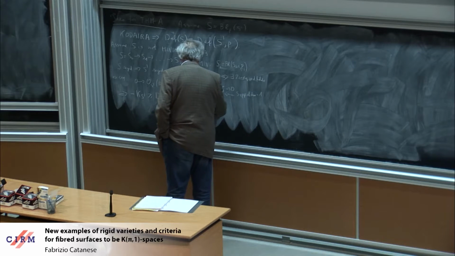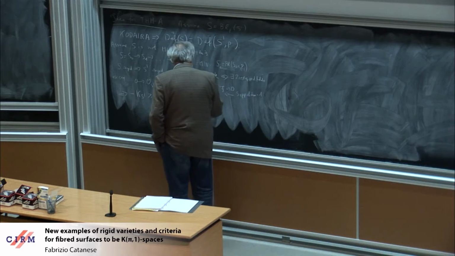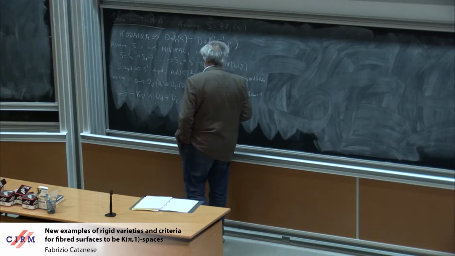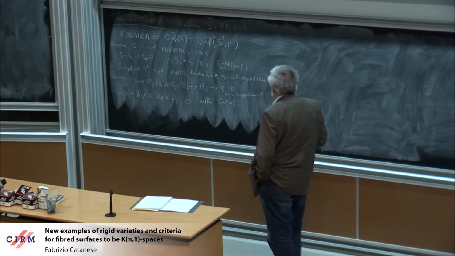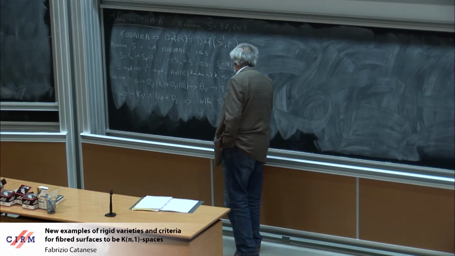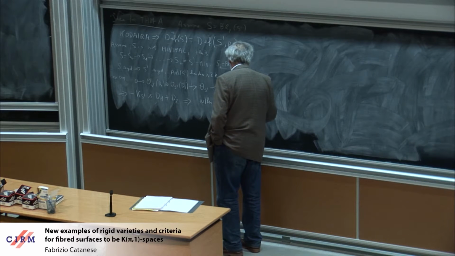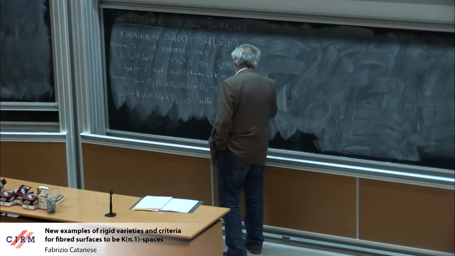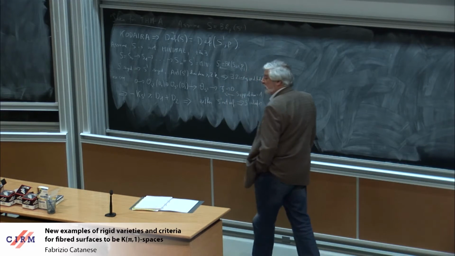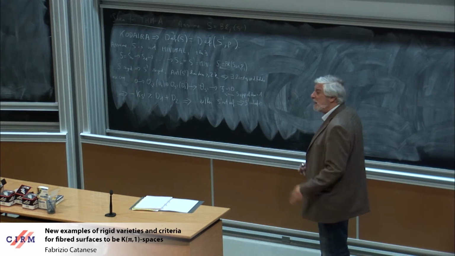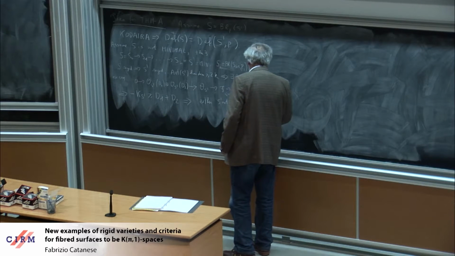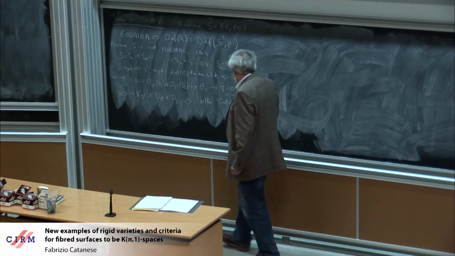Either S prime is not nef, but if a surface is not nef but is minimal, this implies that S prime is ruled. And here I use a little bit of classification theory: the ruled minimal surfaces are just P2. So the canonical class is not there.